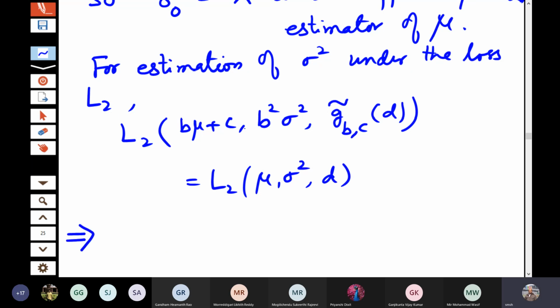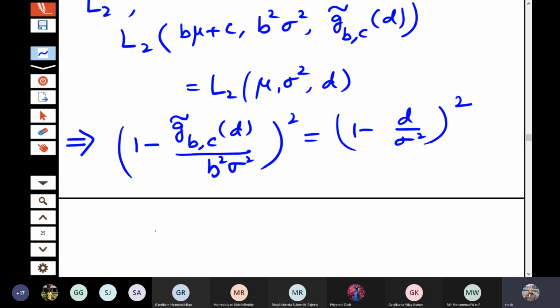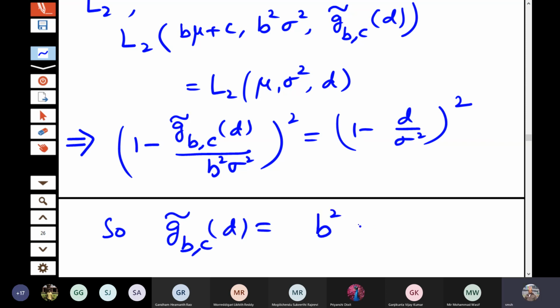That means, so here what was the function? It was (1 minus g tilde bc d divided by b square sigma square) whole square, that is (1 minus d by sigma square) whole square. So this will be true if g_bc d is equal to b square d. So the estimate of sigma square must get multiplied by b square.